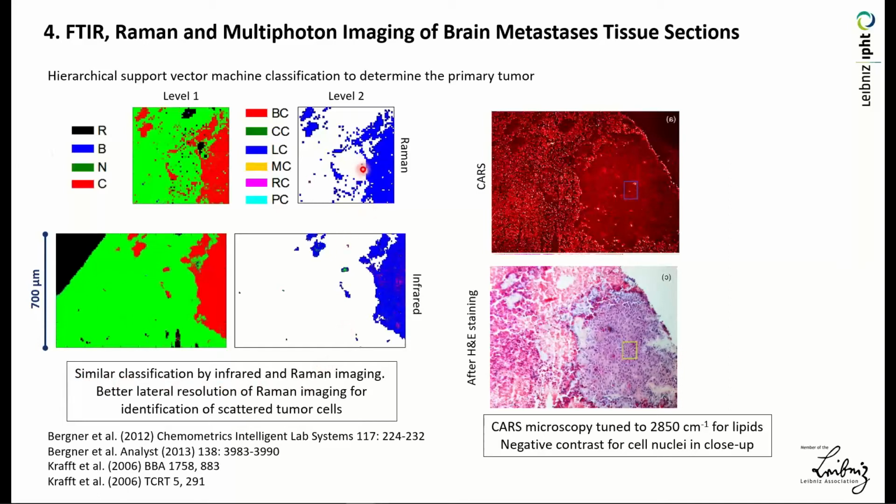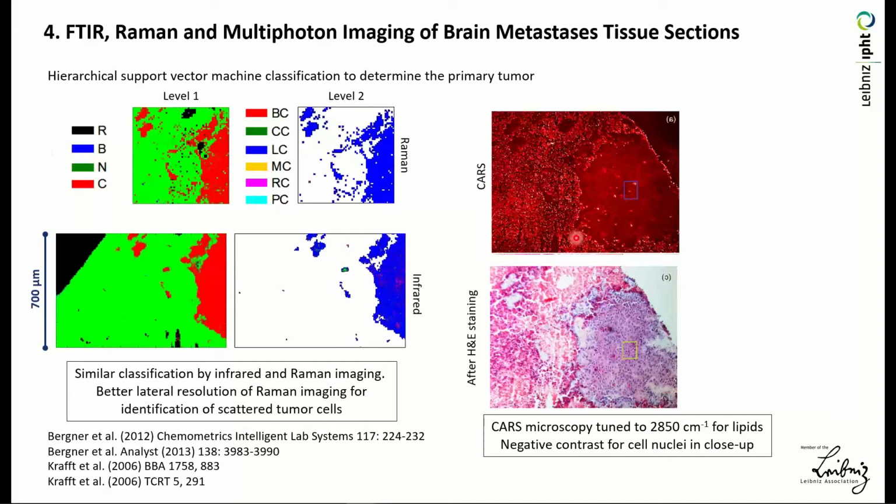It seems that Raman spectroscopy has a better lateral resolution, because these tumor cells here in this necrotic portion of the tissue can be better resolved than in infrared imaging. The CARS image was also collected from the same tissue section, and also here the margin is clearly identified.